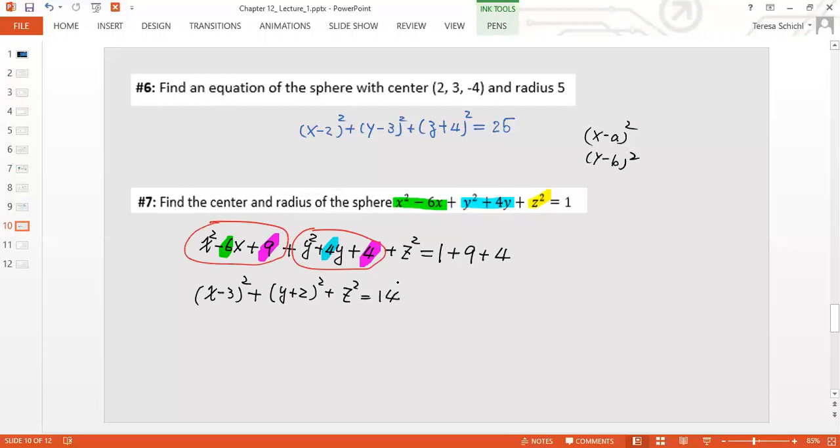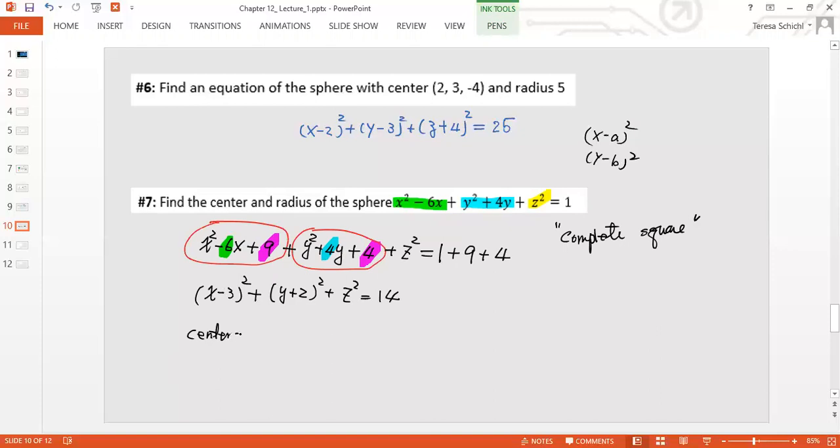If you don't remember, you need to go back and review the completed square, because we try to match the sphere formula. So for this sphere, where is the center?